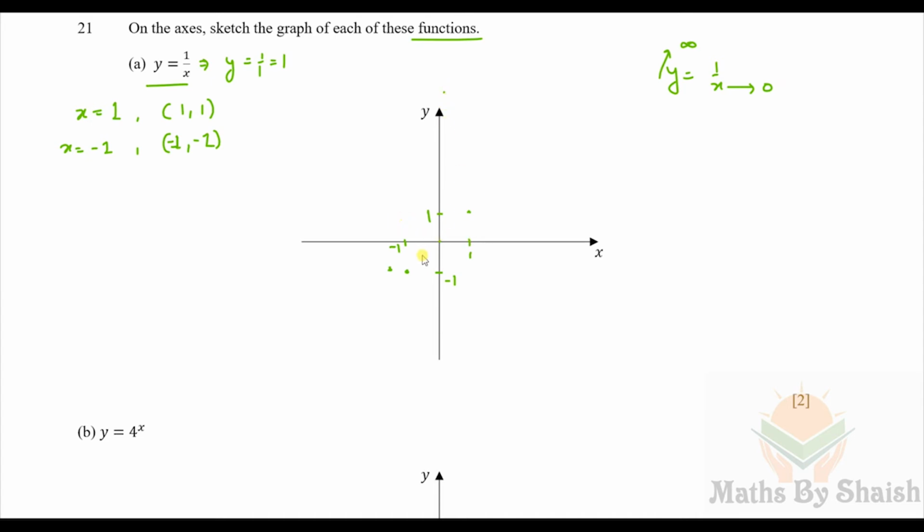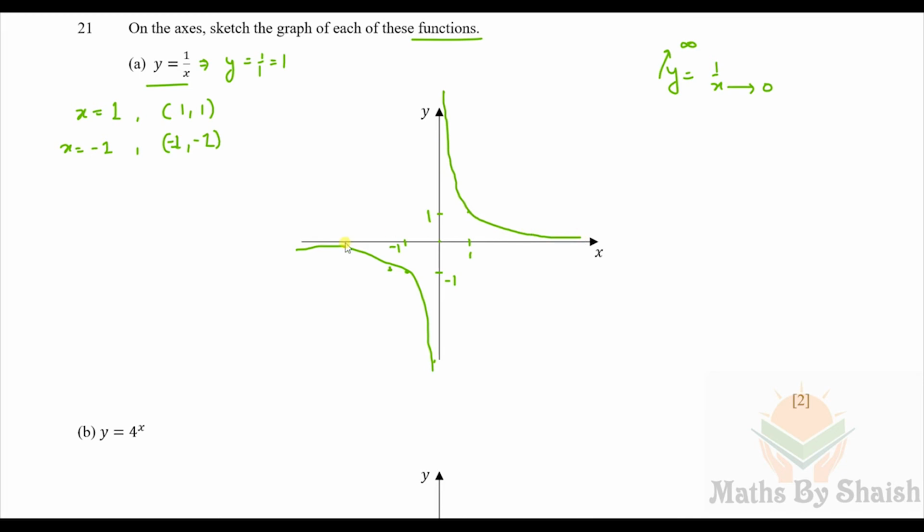Similarly, when x tends to minus 0, minus 0 means coming from the negative x-axis side, it would be again minus infinity, so it would be somewhere here. So the nature of the curve we got, it is going to be like this. It should be very smooth.